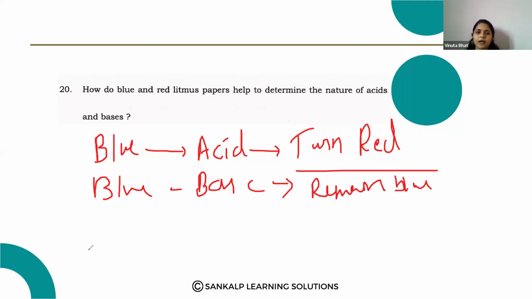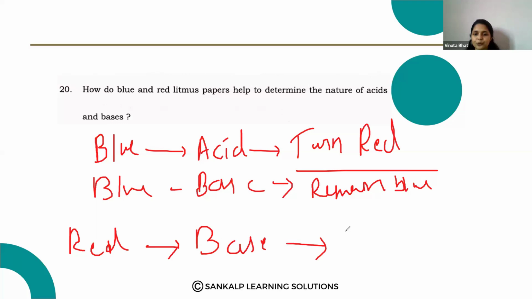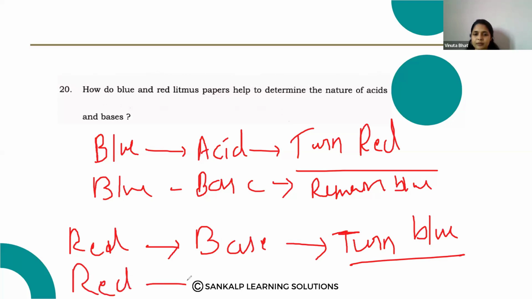And when the red litmus paper is dipped in a base, it turns blue. When the red litmus paper is dipped in an acid, there is no change in the color.